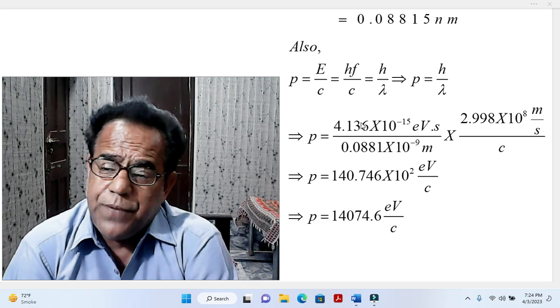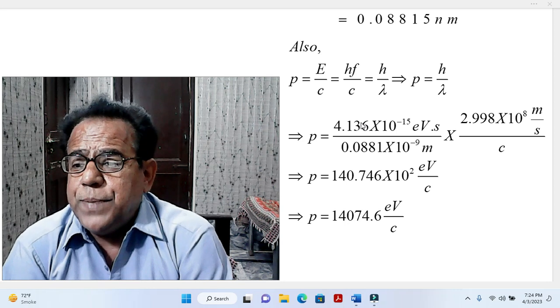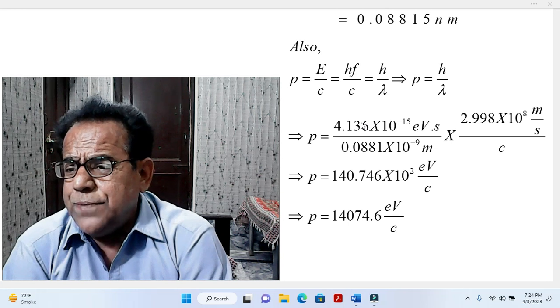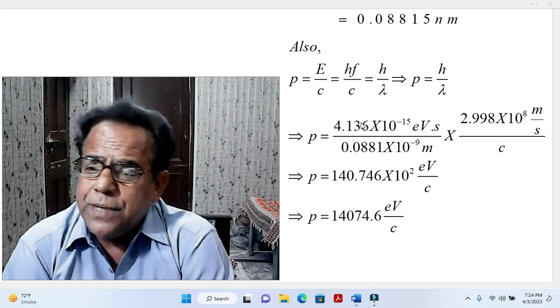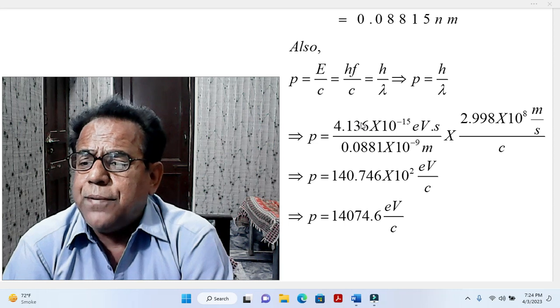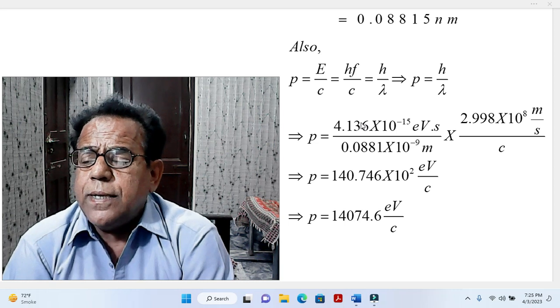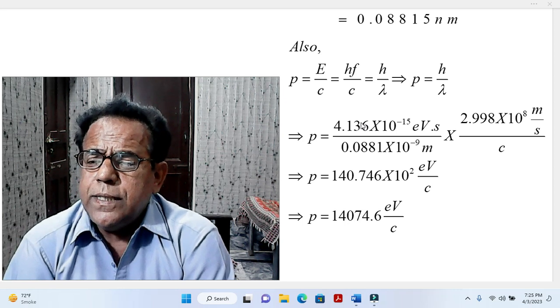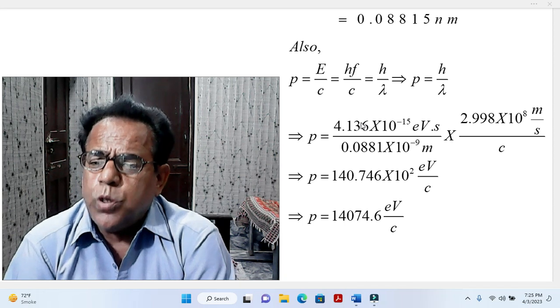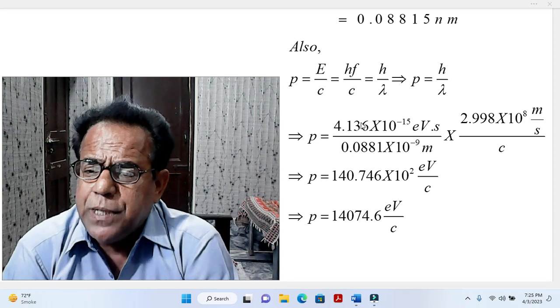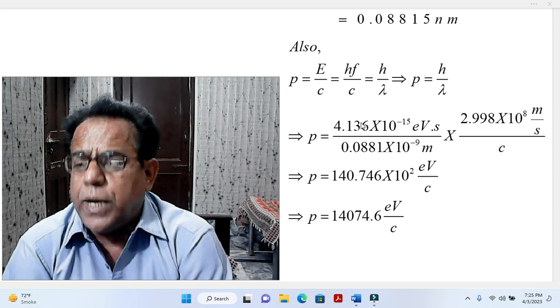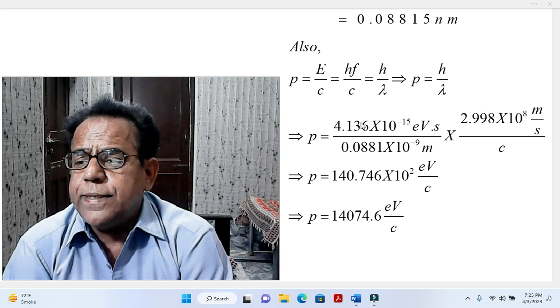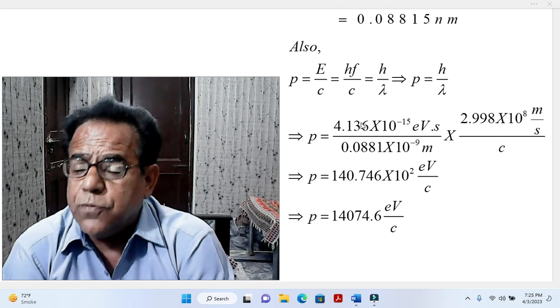When we apply this arrangement, second will be cancelled with second, meter will be cancelled with meter, and our subsequent step will result in only electron volt over C. So this implies that P becomes equal to 140.746 into 10 to power 2 electron volt over C.